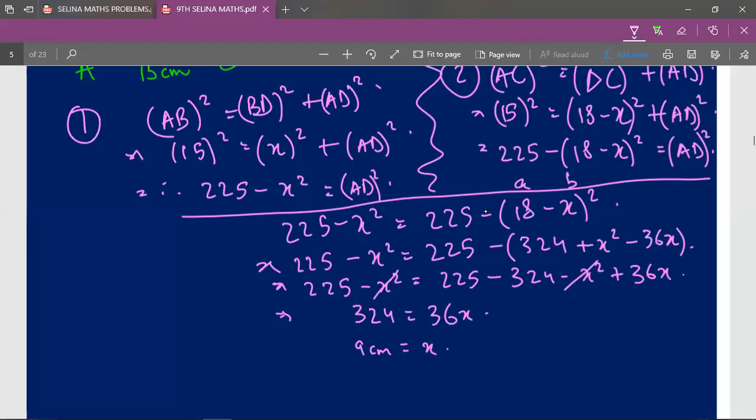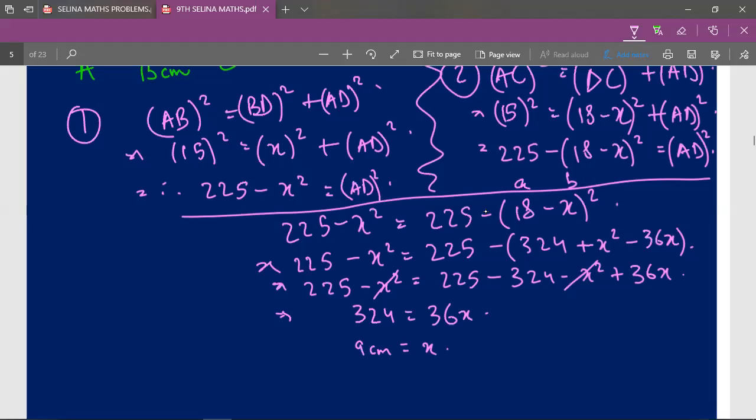So a square, that is 18 whole square, is 324, plus b square, that is x square, minus 2ab. ab is 18 and x, so 2 into 18 is 36, into x, which is 36x, minus 36x. So 225 minus x square is equal to 225 minus, and minus and minus is plus, 36x. You open this bracket.